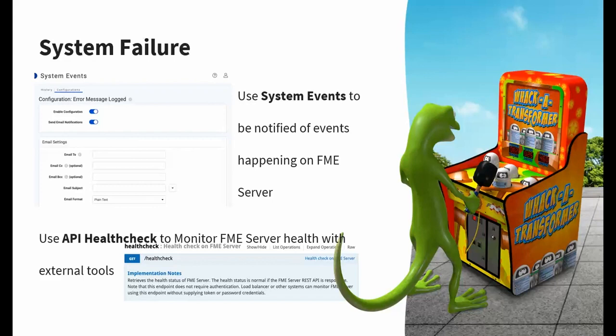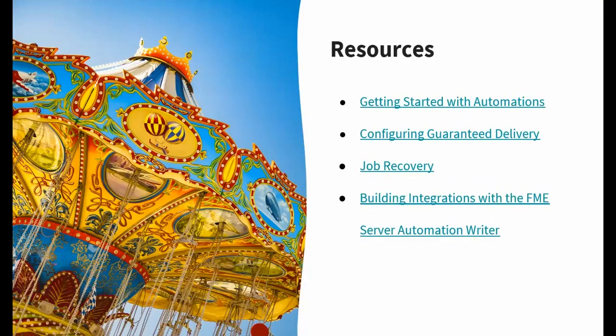Your FME Server should keep running, so you can always run a health check, which can monitor the FME Server health and keep on notifying you whether the FME Server is running or there is a problem within the FME Server.